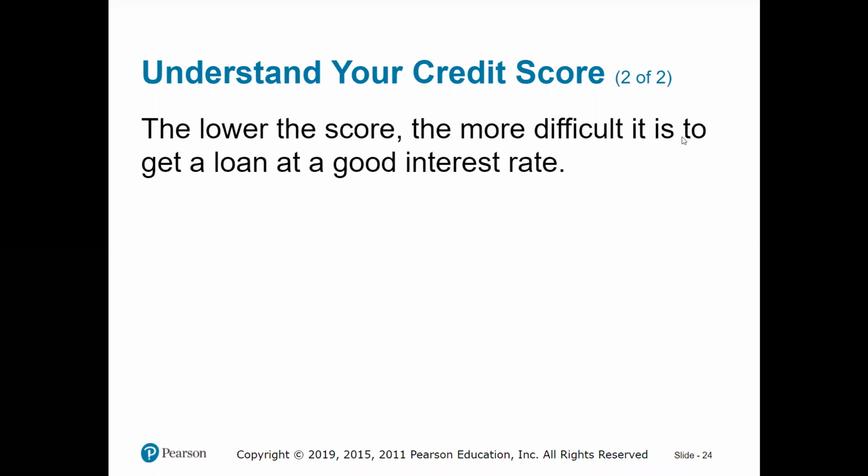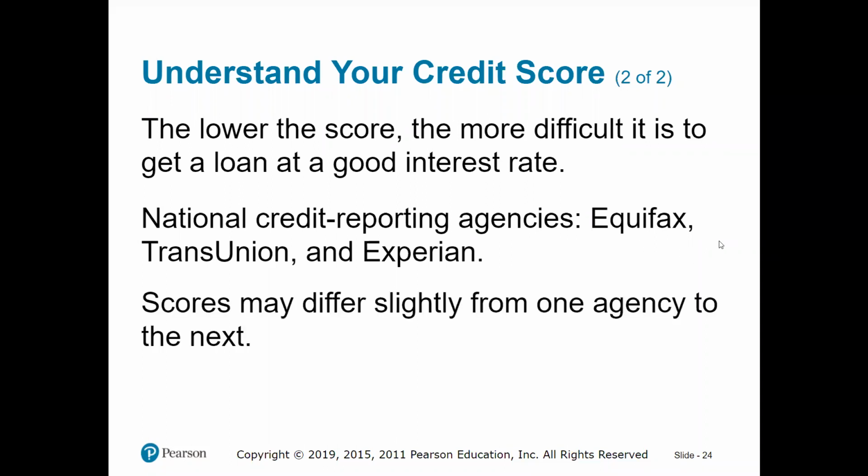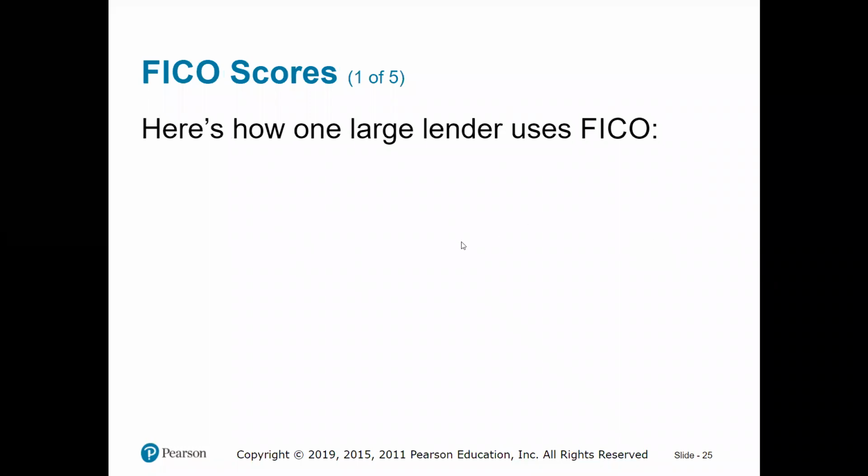The lower the score, the more difficult it is to get a loan at a good interest rate. National credit reporting agencies Equifax, TransUnion, and Experian scores may differ slightly from one agency to the next. And your Credit Karma, which is free, only ever has 2 of the 3. It never has the third one.